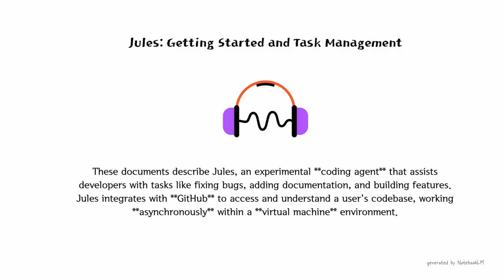So if someone's new to this, how do they actually get started? What's the on-ramp look like? The docs lay out a pretty clear path. First stop is jules.google.com. From there, it's fairly standard stuff. Sign in with your Google account, accept a privacy notice, just a one-time thing. Okay, standard sign-in. Got it. What's after that? The next really crucial step is connecting your GitHub account. Obviously, Jules needs permission to see your code to work on it.